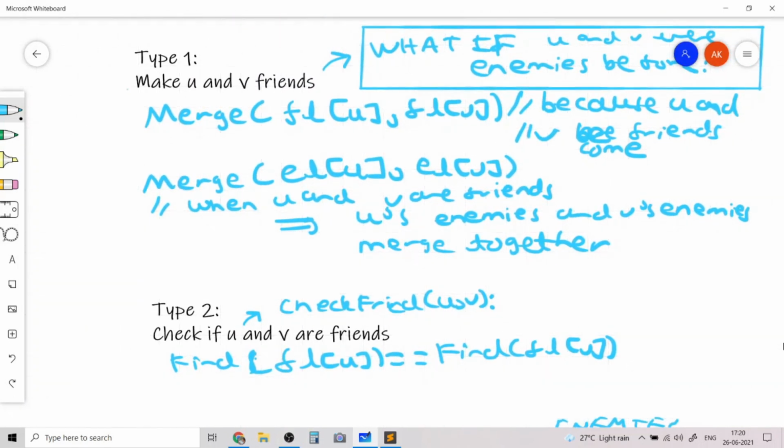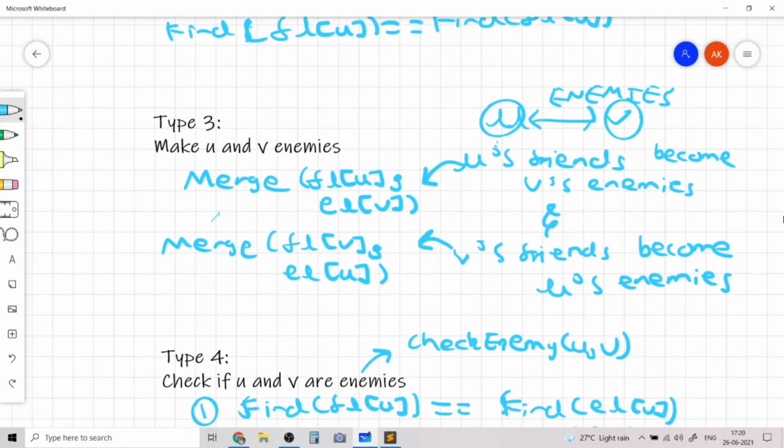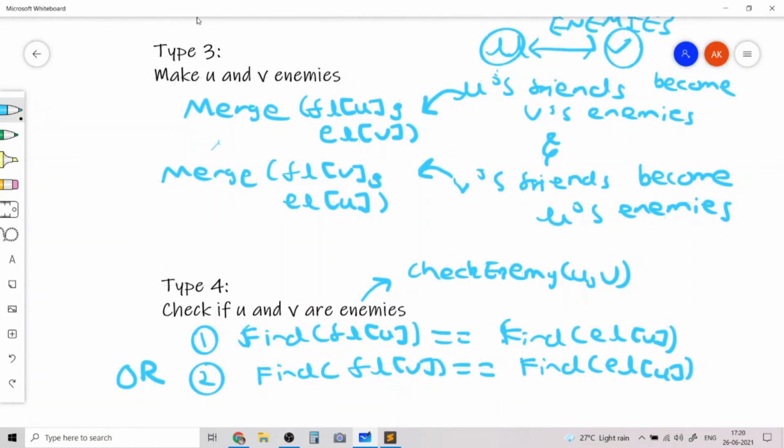We'll basically do: if not check enemy U and V, then we'll do the following two things, which is merging the friend lists of U and V and merging the enemy lists of U and V. And similarly, to handle the type 3 query, if not check friend of U and V, only then we'll perform the two operations of merging the friend list of U with the enemy list of V and merging the friend list of V with the enemy list of U.